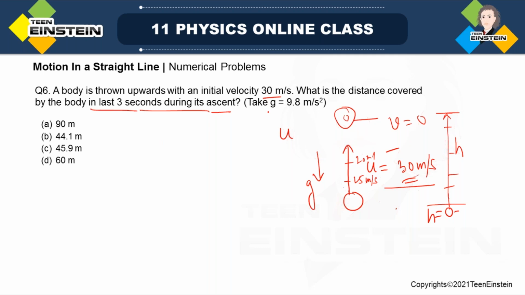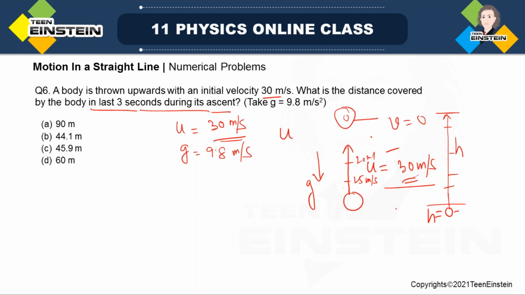You have been given g, which is 9.8 meter per second squared to be taken. u is given already, 30 meter per second.